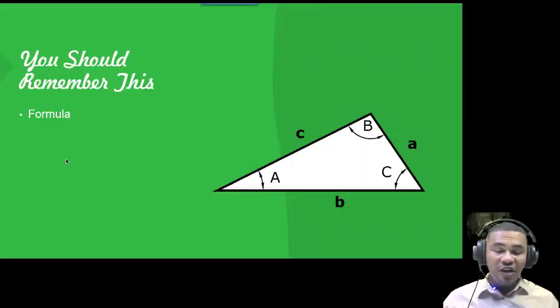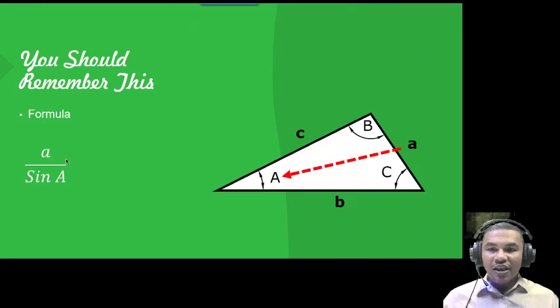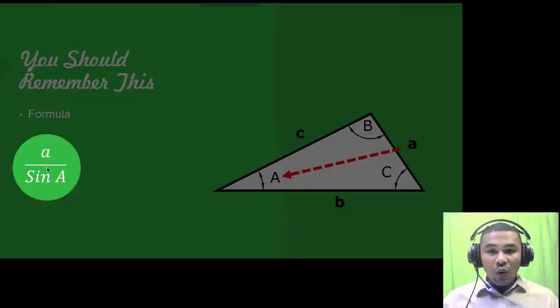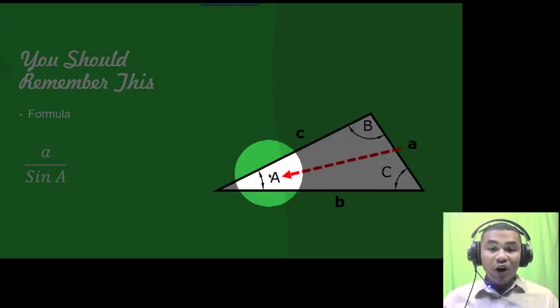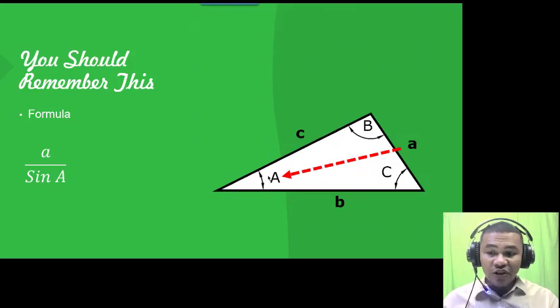The law of sines is being set up by making a proportion, utilizing the opposite sides and angles of a figure. We make a ratio of a over sine A, wherein side a is the opposite side of angle A. Let's try the next proportion.